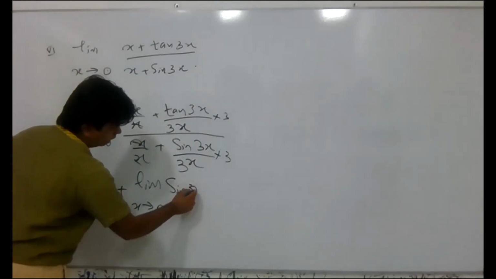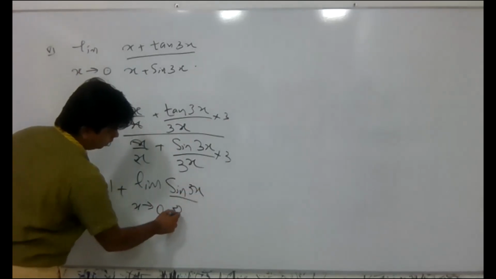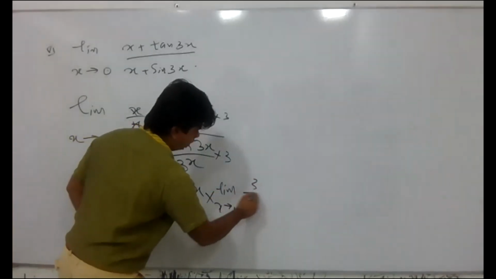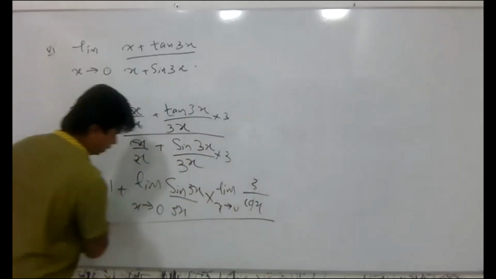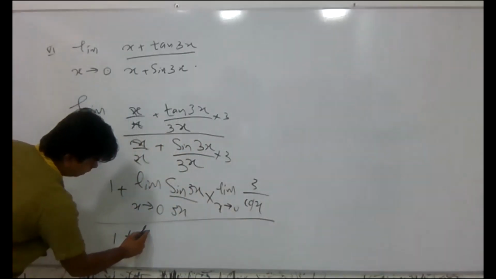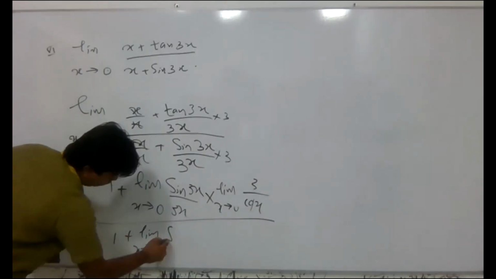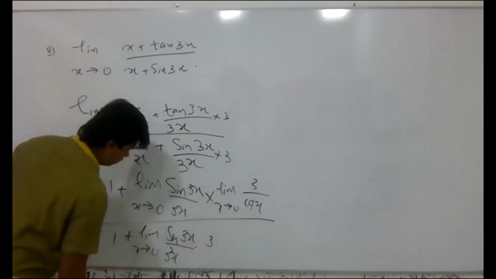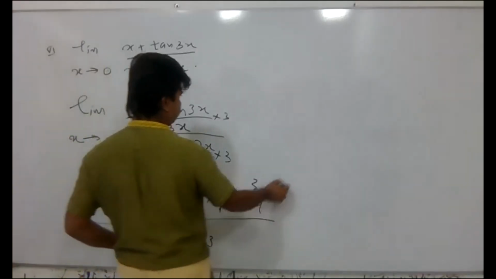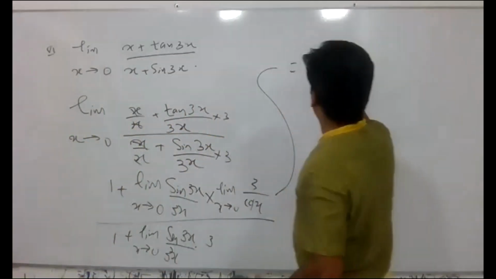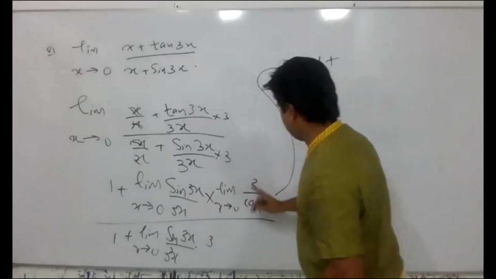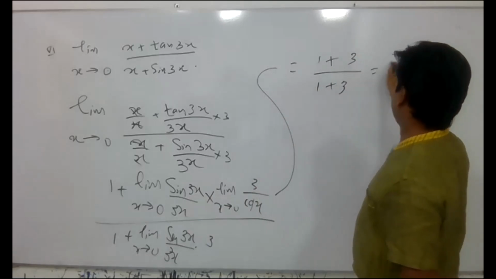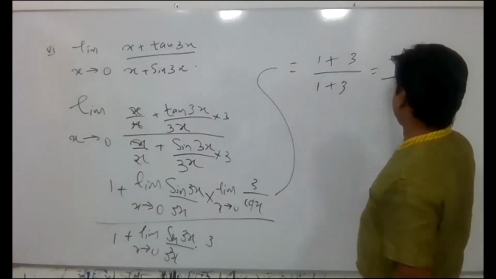Actually, tan 3x, you can write it as sin 3x over 3x times limit x goes to 0 of 3 over cos 3x, right? Now here 1 plus limit x goes to 0 of sin 3x divided by 3x times 3, right? So what is the final answer? You will be having 1 plus 1 times 3 over 1, divided by 1 plus 3. The final answer is 1.